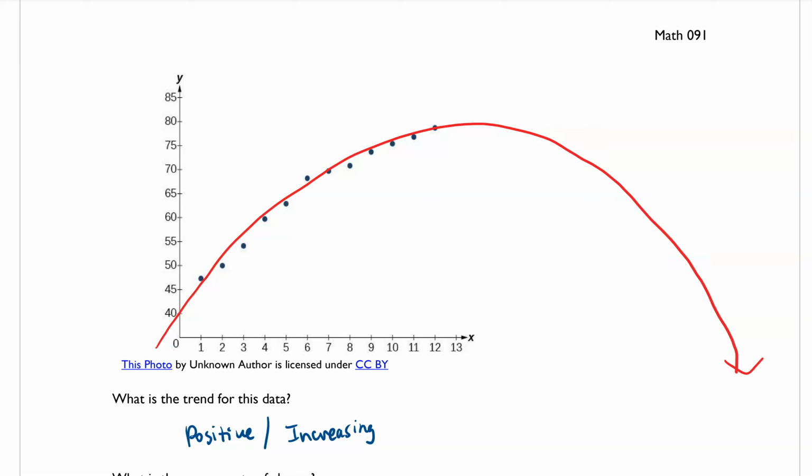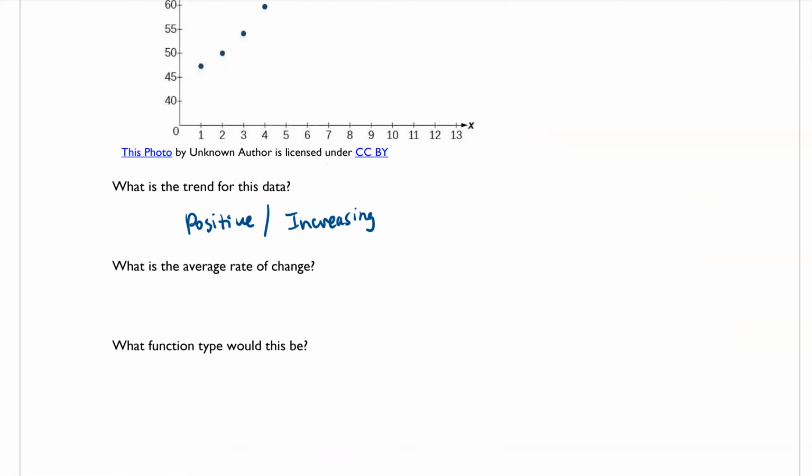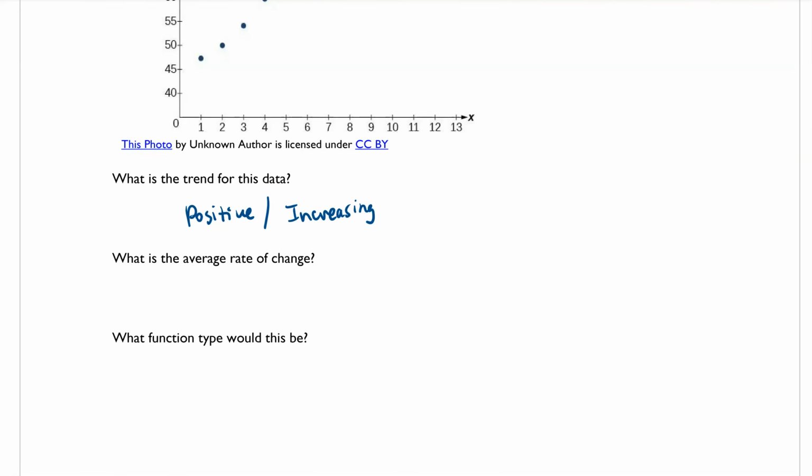But because we only have a limited number of data points, it's difficult to make that distinction. And so for the third question, what function type would this be? We could really say logarithmic or quadratic. And it just really depends. We maybe don't have enough information to make that conclusion.